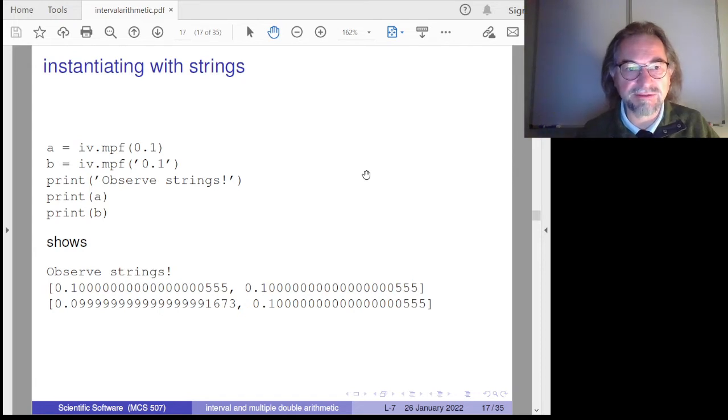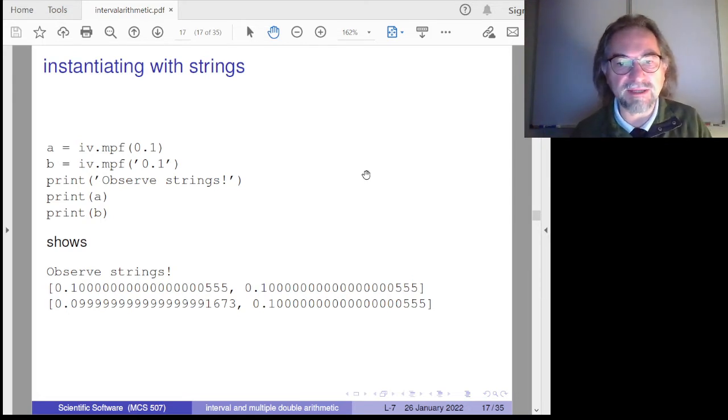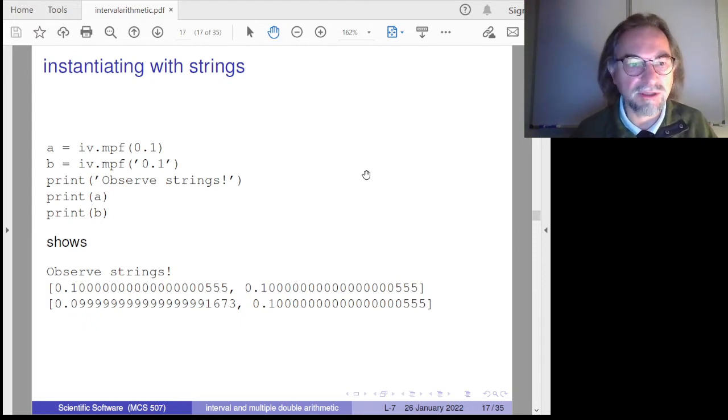In some sense it looks like a technicality, whether you want to work with 0.1 and you actually see the representation error. So we see the 555 at the very end. So that's already something wrong here. But with interval arithmetic, you capture this right. The 555 at the end is kind of an overestimate for your bound.